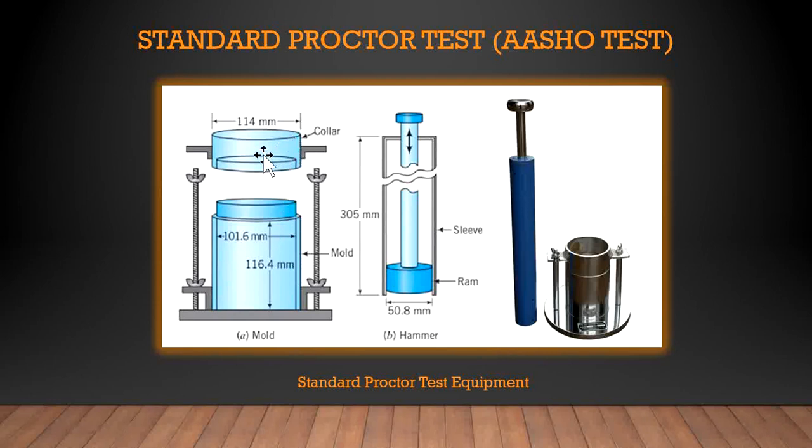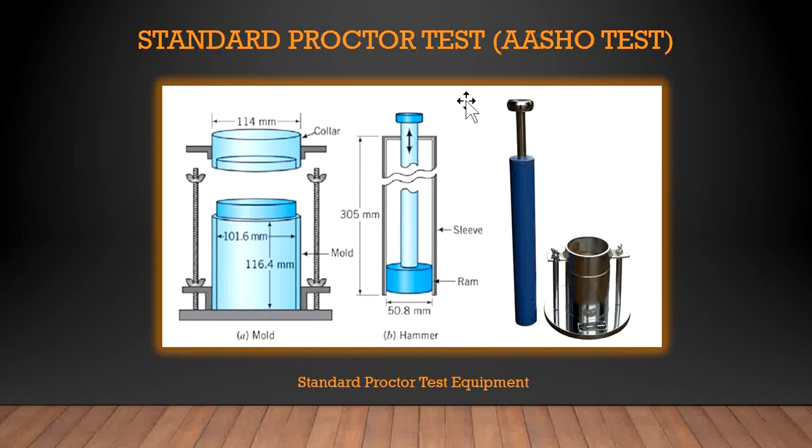Then it has a detachable collar, with an effective height of 50 mm and a total height of 60 mm. Then a detachable base plate, and a 50 mm diameter metal rammer of weight 25 Newton and a height of fall of 300 mm, moving in a metallic outer sleeve.